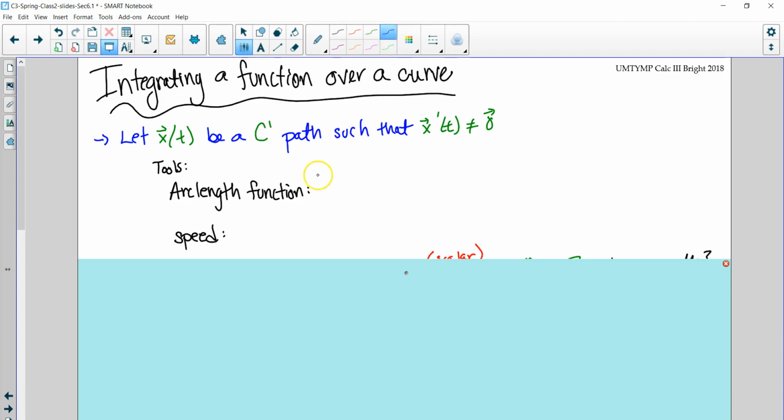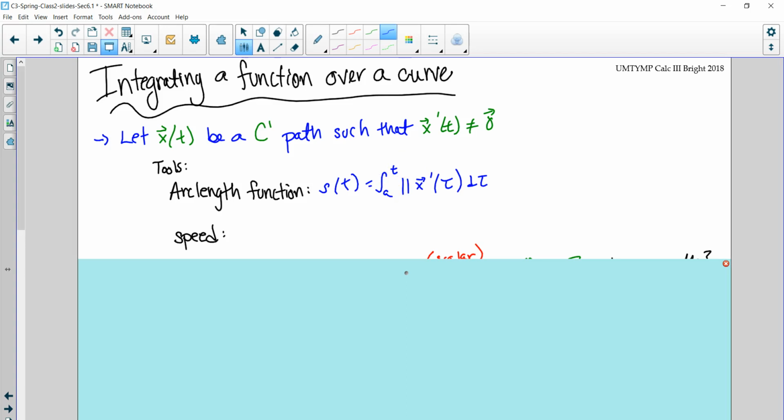The arc length function, we wrote as s of t, and that was equal to the integral from some lower boundary to a variable upper boundary of the length of the derivative of our path, with the dummy variable tau, d tau. That whole thing represents the arc length, which gives us the length of the path from a point to a variable boundary.